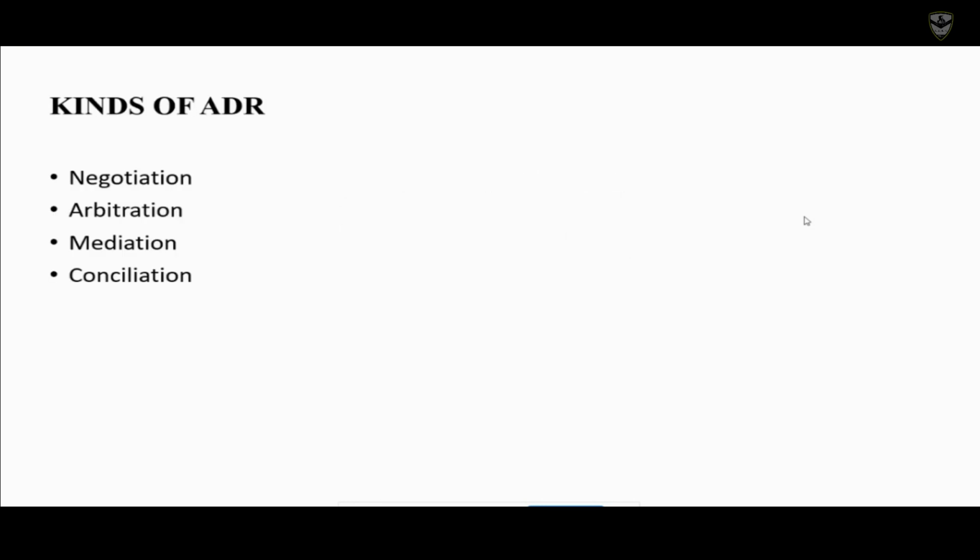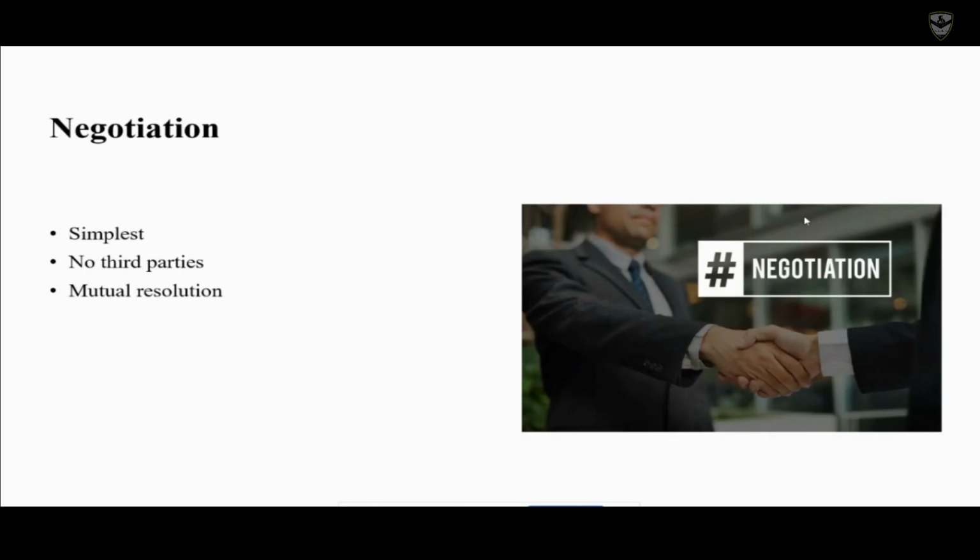Let's move on to the kinds of ADR. There are four main kinds of ADR: negotiation, arbitration, mediation, and conciliation. Let's look into each of these in a little detail. The first is negotiation. Negotiation is the simplest form of dispute resolution, and it does not require a third party to get involved in the resolution process.